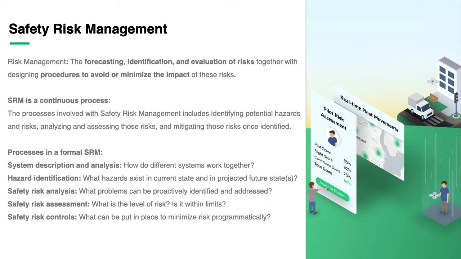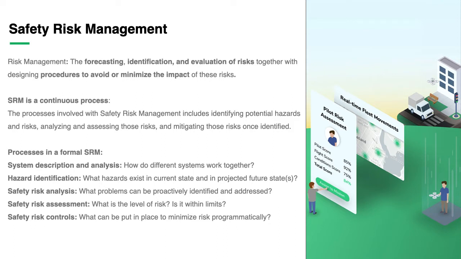And lastly, you need to be able to assess this risk, know when it's within your acceptable risk limits. And lastly, whenever possible, what can you put into place to minimize your risk programmatically so that it's not even a decision that needs to be taken? It's just something that comes automatically and programmatically from the operations that you're already doing.